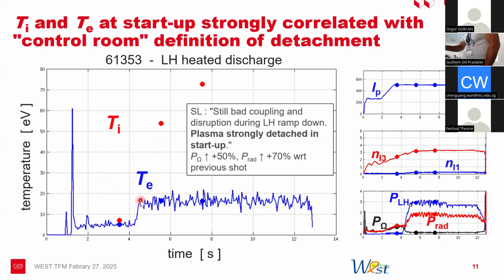And we see that the ion temperature is very low also. It's about the same as the electron temperature. It looks like maybe 7 or 8 electron volts, while the electron temperature is about 5 electron volts. So this is, I think, one of the first shots where we saw this, and it made us very happy because it meant that we can measure low temperatures if they exist.